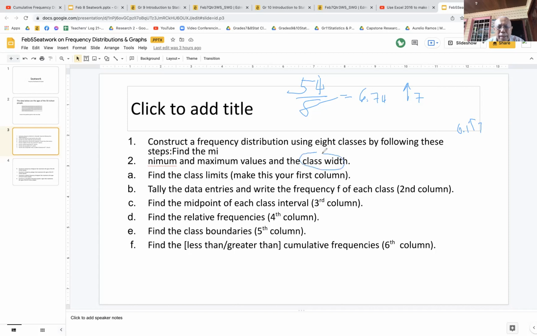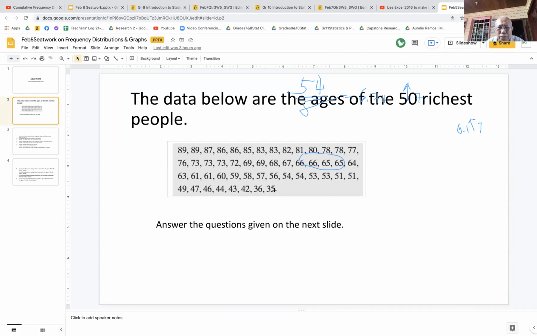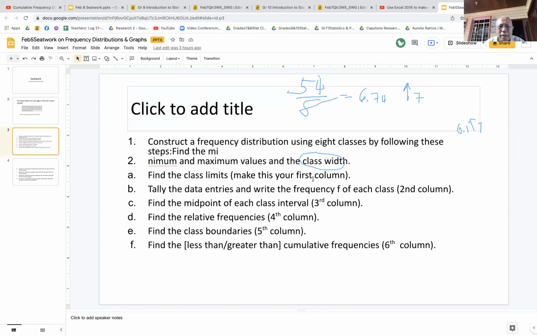And then, how are we going to start your class intervals or limits? You're going to start from the lowest data value, that's 35. Having that 35 there, you can now start your class limits.